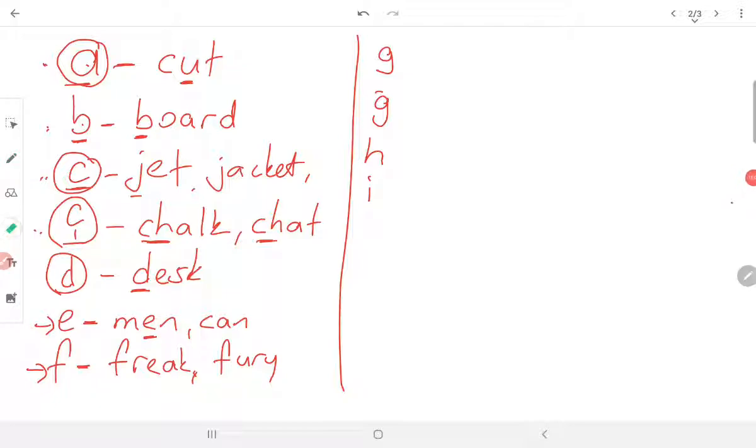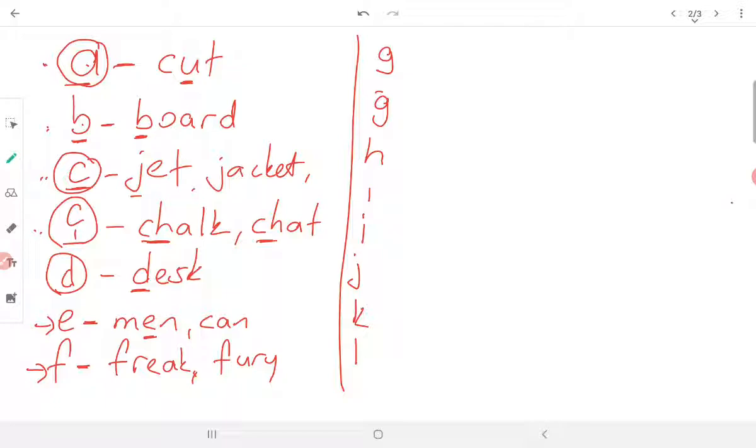Let's continue. All right. These are the other letters, okay? So I'm gonna say all together, and then I will give you more detail about the sounds.